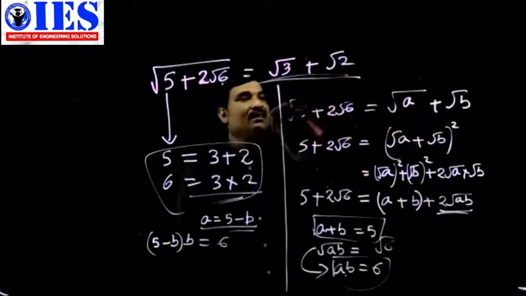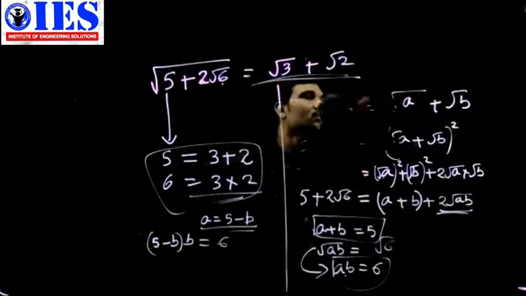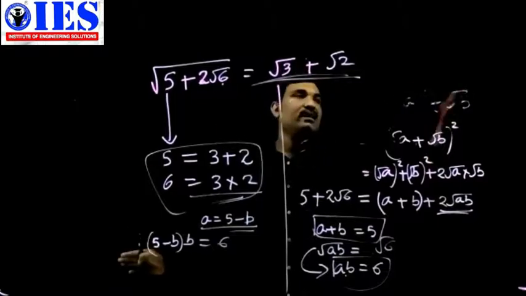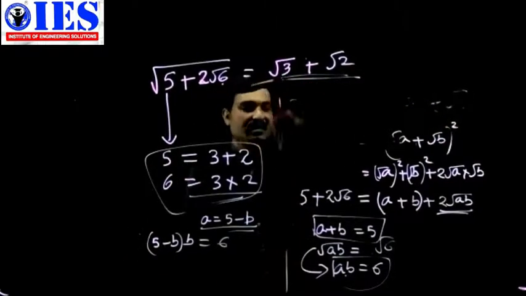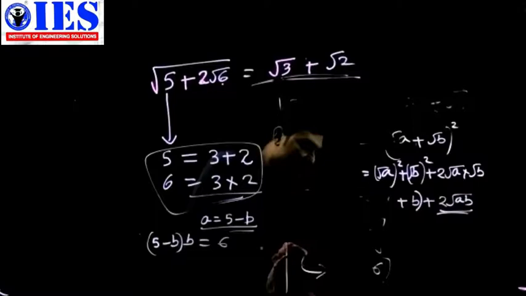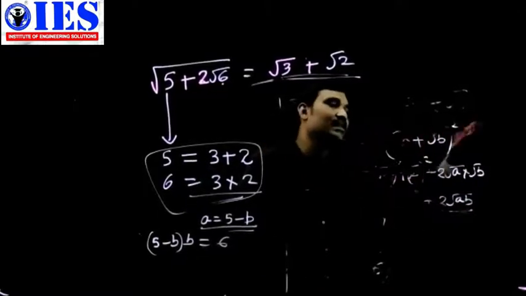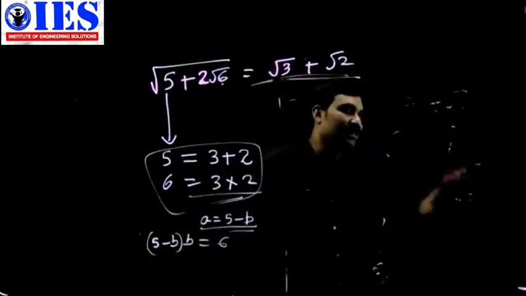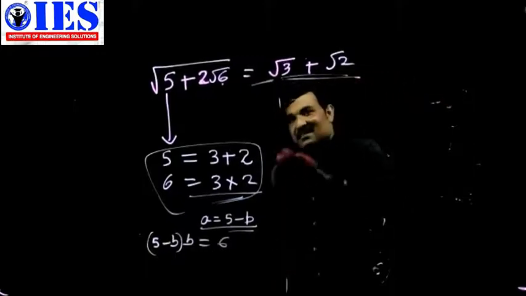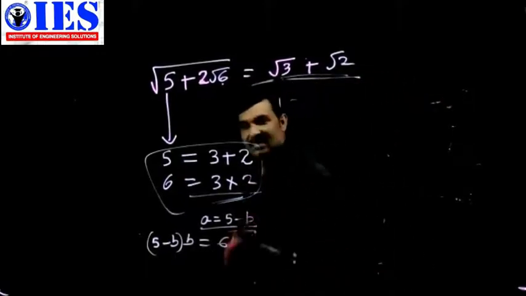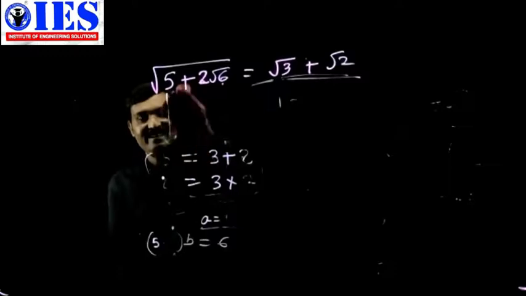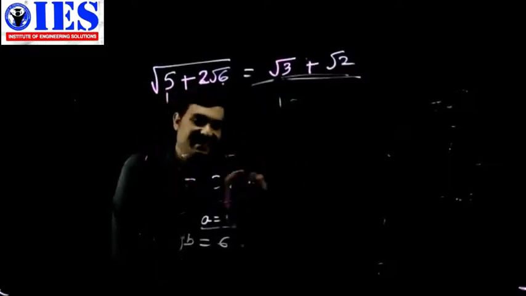If it is possible to find these values, we can write the solution in this form. This method is somewhat time consuming, the normal method. By using our trick, we can solve that problem in less than 1 minute, right?